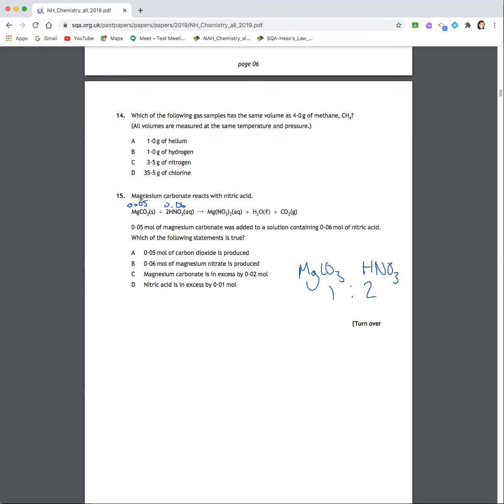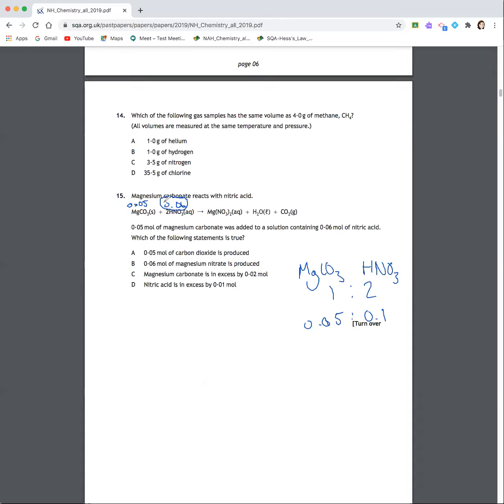So if we want to react all of the magnesium carbonate, then we will need 0.1 moles of nitric acid. So it's a 1:2 ratio. We don't have 0.1 moles of nitric acid, we have less than that, so that means the nitric acid is the limiting because we don't have enough to react all the magnesium carbonate.